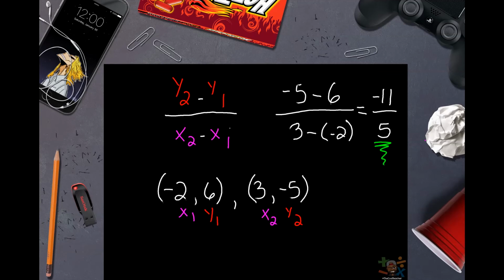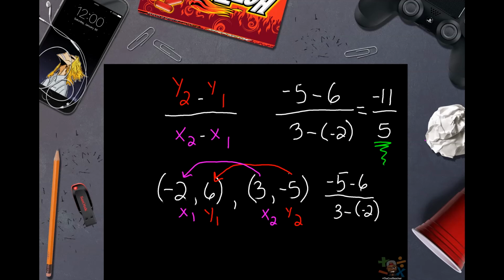So what he would tell me is, don't worry about y2 and y1. Just know that you have to subtract the number in the back from the number in the front. So he would draw an arrow from the back number to the front number, and I know that's -5 minus 6. Then he would draw another arrow from the back number to the front number, and I would know that is 3 minus -2.